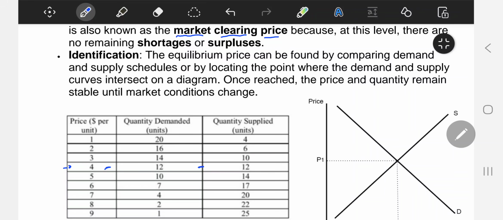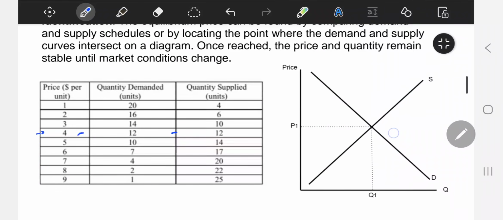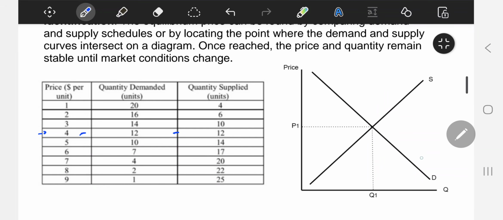And of course, you can also use the demand and supply graph. I have it here. This is the demand curve sloping downwards. That's a negative slope, and this is the supply curve sloping upwards. This is price and this is quantity. And where the two meet, that would be this point here. So this price would be $4, and this quantity here would be 12 units.